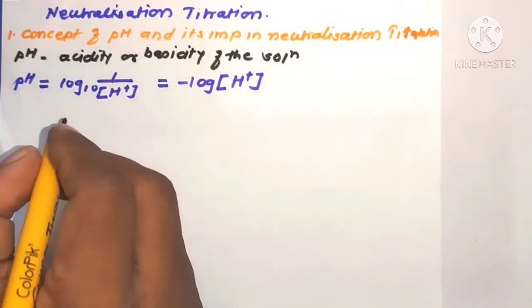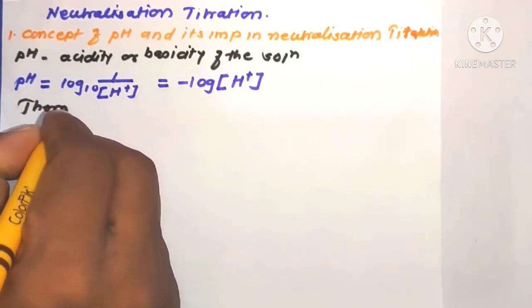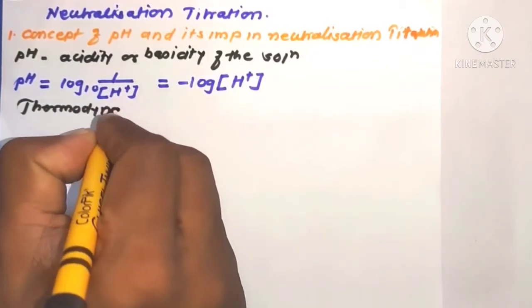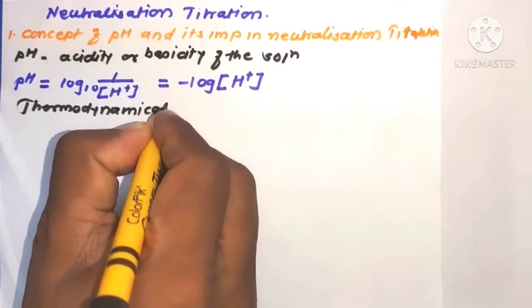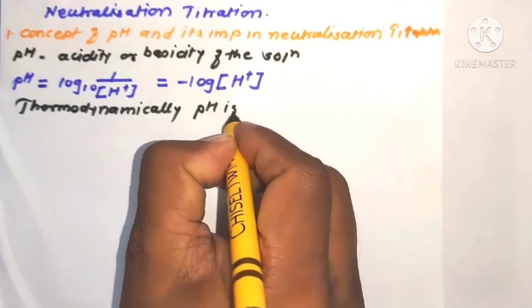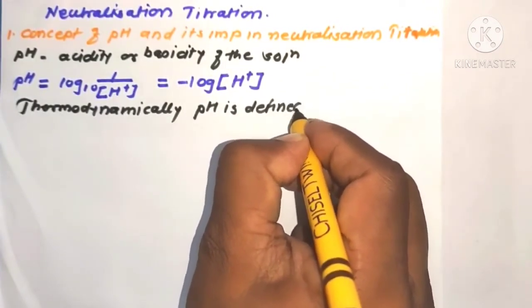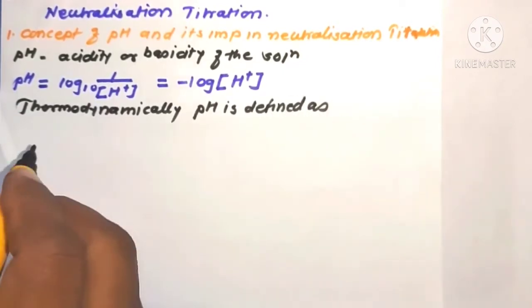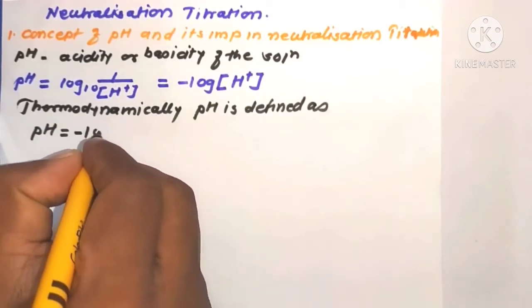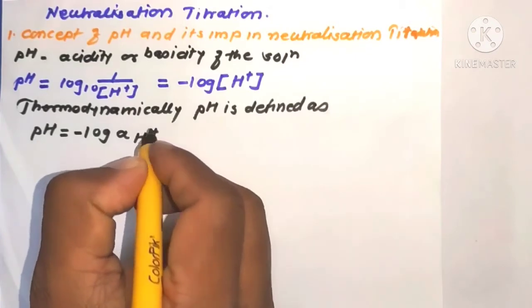Thermodynamically, pH is defined as pH is equal to minus log of activity of H plus ions.